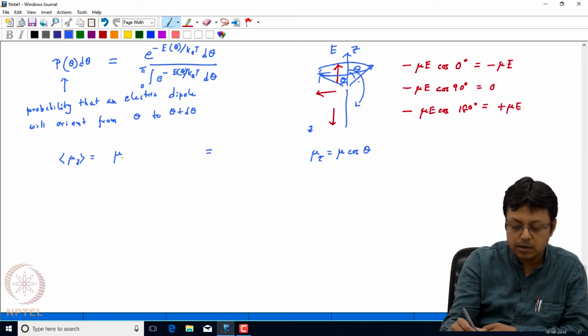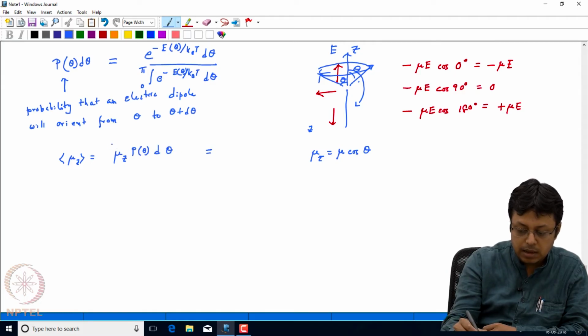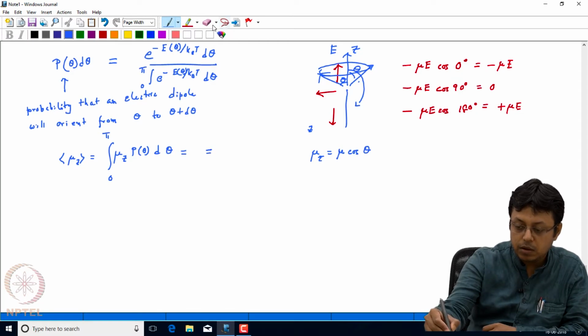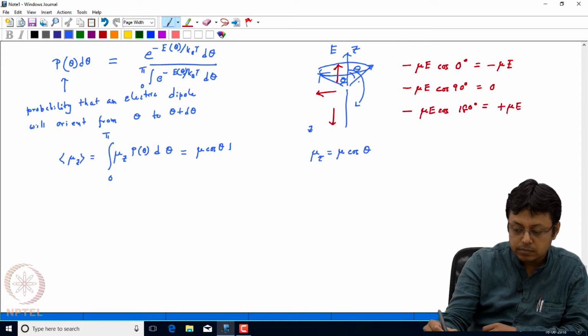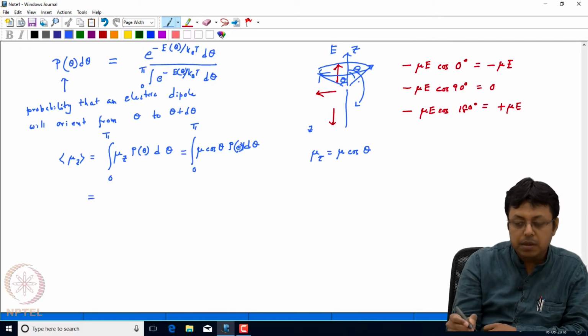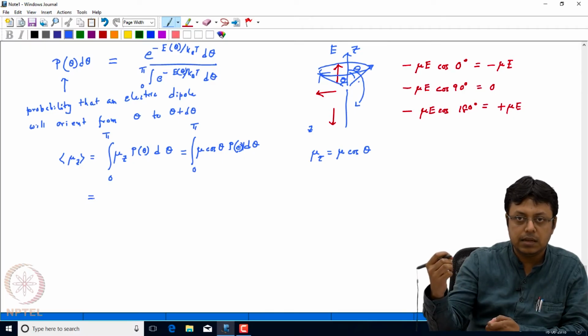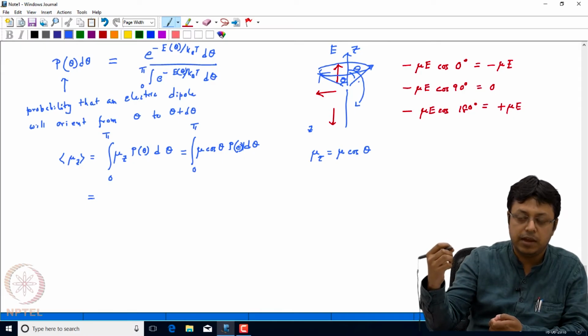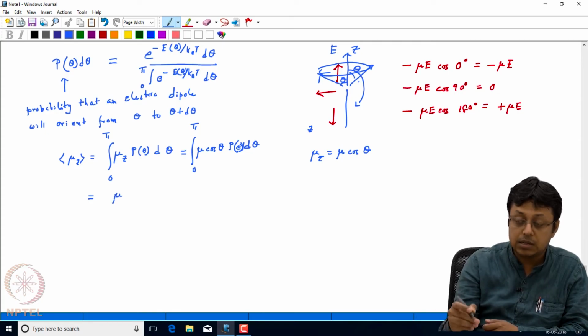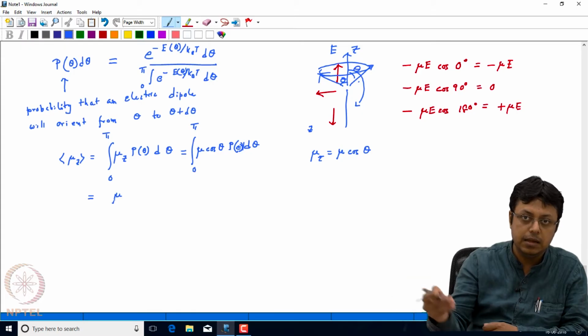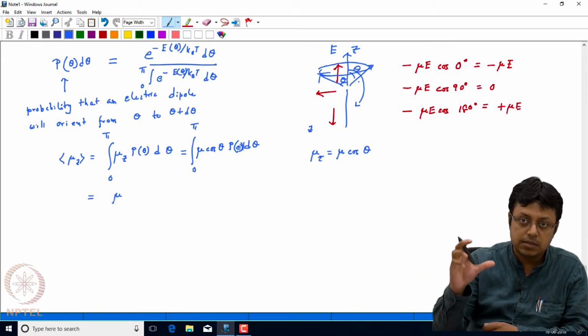So, what I am saying here is that you take mu z and then you take the probability distribution p theta d theta and integrate between 0 and pi, which is equivalent to saying that mu z is nothing but mu cosine theta p of theta d theta integrating over 0 to pi. Now, mu is constant because mu is basically the overall length of the vector, which is again dependent on the strength of the electric field, which is alpha times E, and that we can take out of the integration because it is the length of the vector.